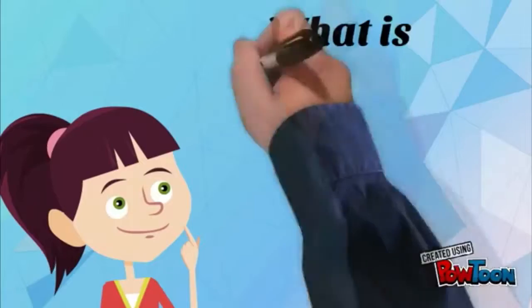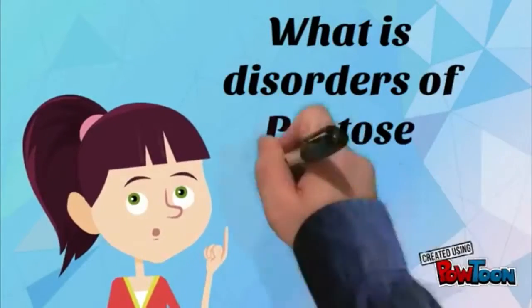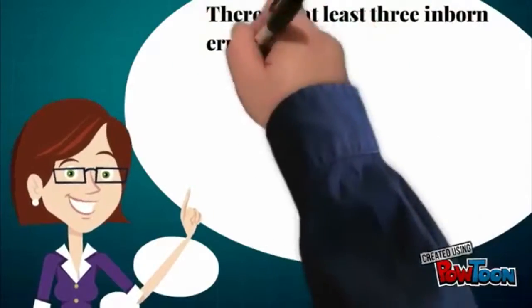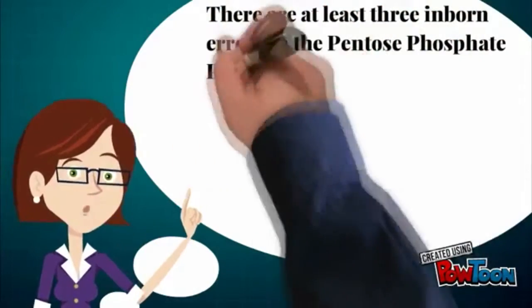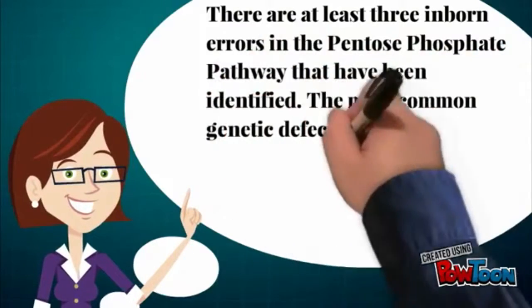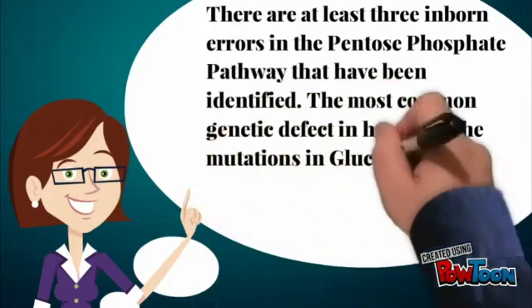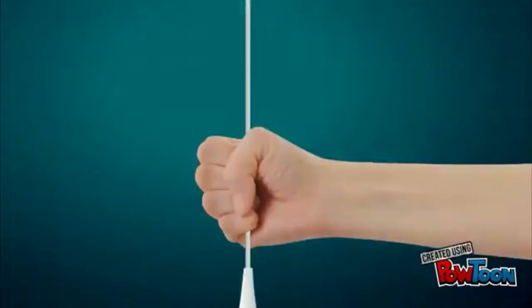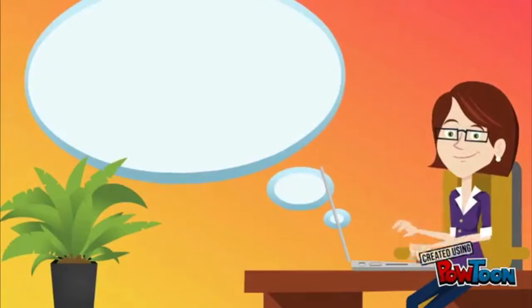Now I'm going to talk about the disorders of the pentose phosphate pathway. There are at least 3 inborn errors in the pentose phosphate pathway that have been identified, and the most common genetic defect in humans is the mutation in G6PD causing G6PD deficiency. So what is G6PD?